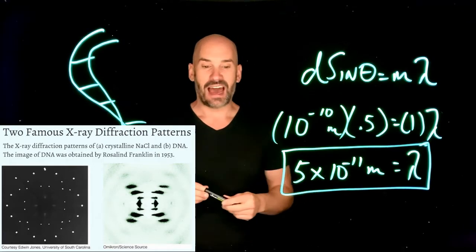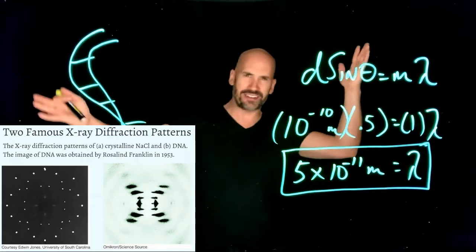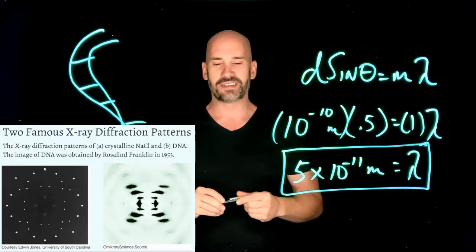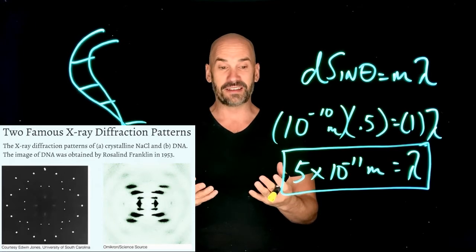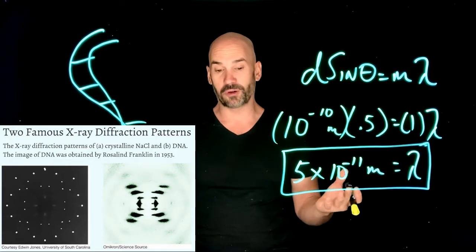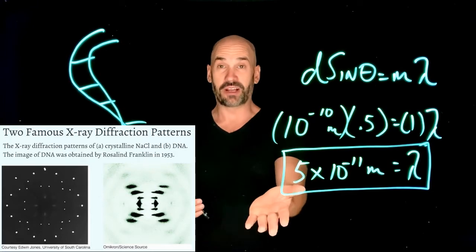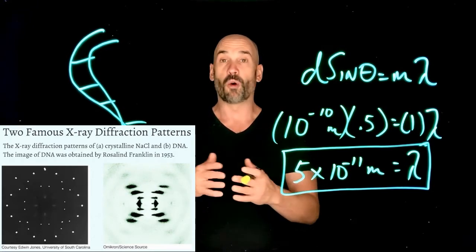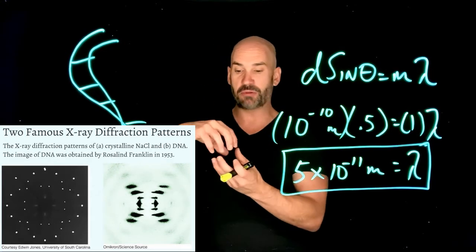I share this picture not because I expect you to say, oh yeah, double helix DNA, obviously, can't you see it? I share this because it illuminates the complexity of being a scientist, even when you know what you're looking for. Rosalind Franklin specifically knew that she was trying to find a diffraction pattern in order to illuminate the structure of DNA, how DNA was actually made.